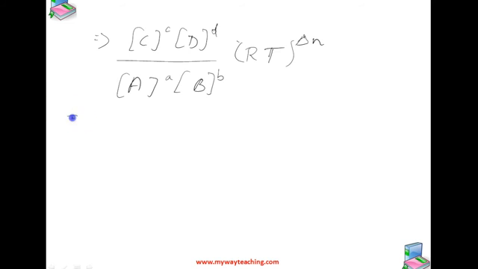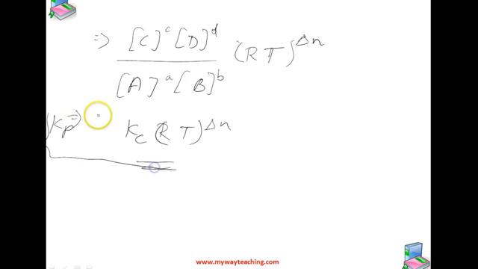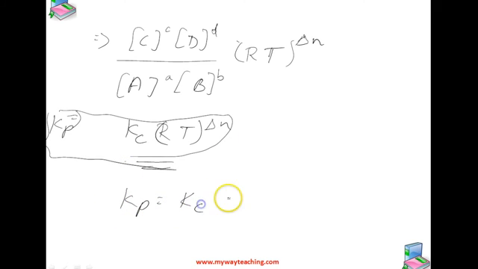That is equal to Kc into RT whole raised to delta n. This is equal to Kp. Once again, Kp equals Kc (RT) to the power delta n.